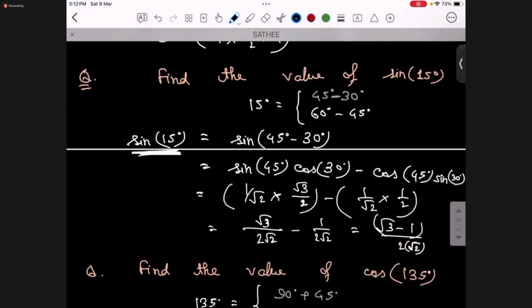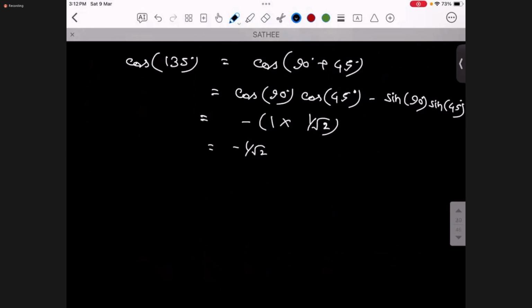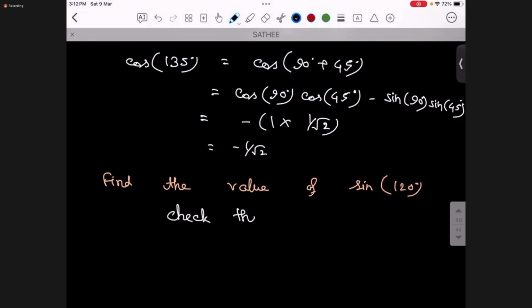Also you can use something like the value of sin 15 degree. Now using that, one can ask: find the value of sin 120 degree. Okay. Now just check that 120 degree is equal to 135 degree minus 15 degree.